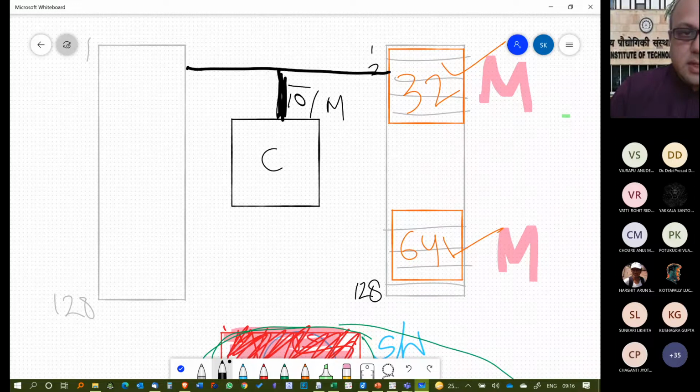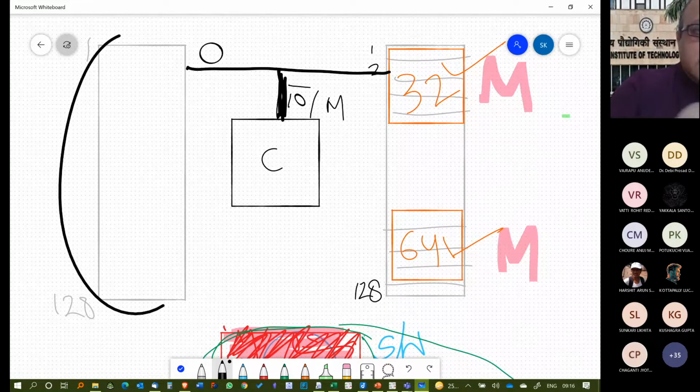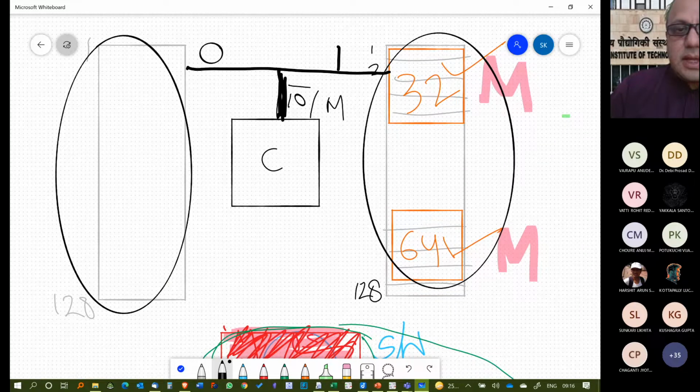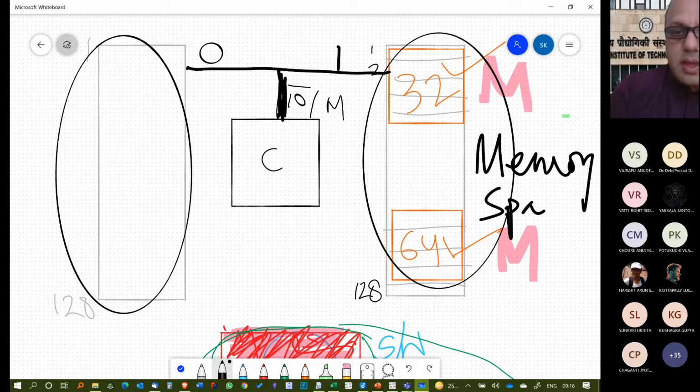If it is low, this one gets selected. If it is high, this one gets selected. So I can now put out a 1 or a 0 on this wire coming out of my CPU or processor and select two spaces. One is a memory space, and the other is an IO space.